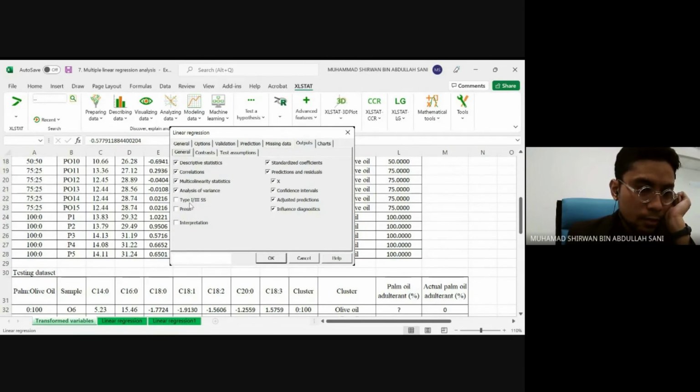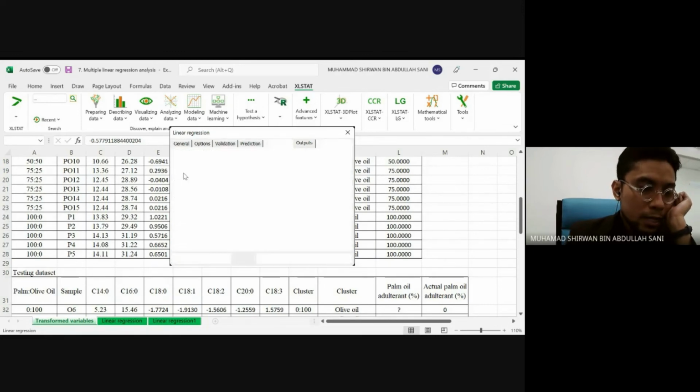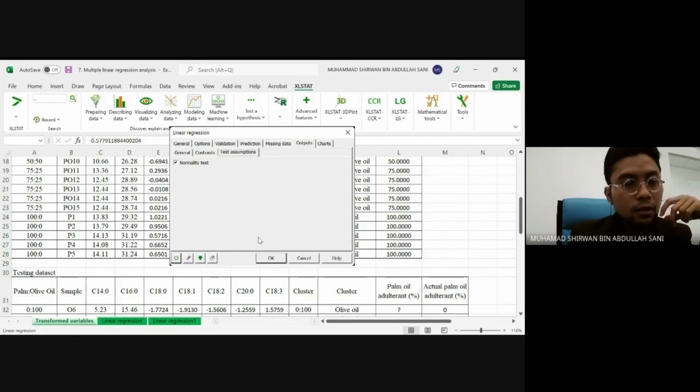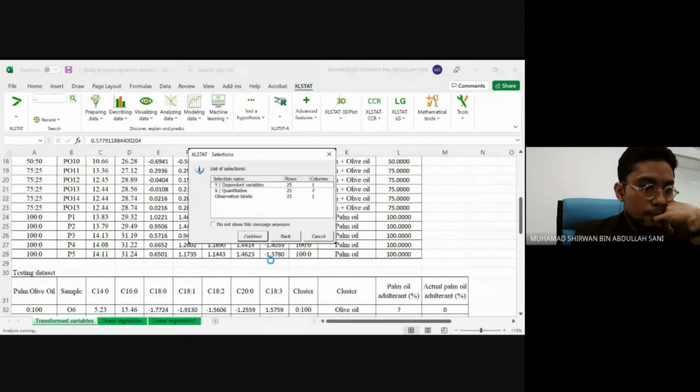So all these three boxes shouldn't be ticked. For contrast, let it be. For test assumption, you have to tick normality test, because we already know it's already normal. And then for chart, tick all of it. And then you can click OK.